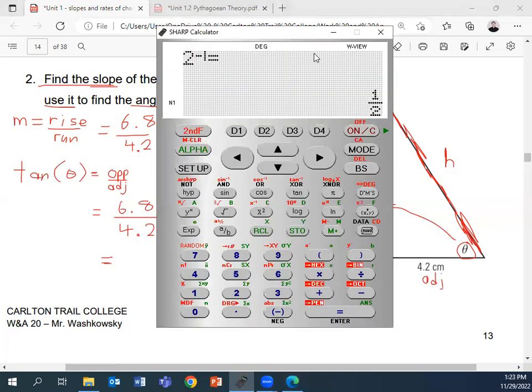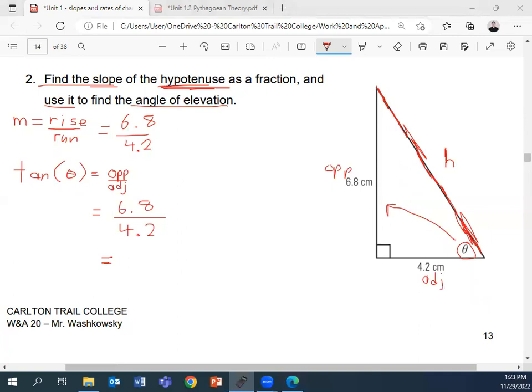I'll put the answer up there in a second. Okay, so I'm moving my calculator over.